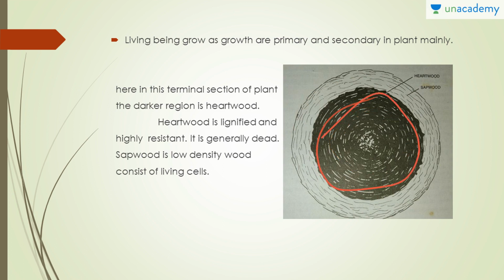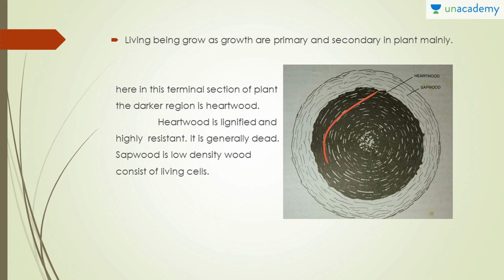So it doesn't play any role in conduction of food and water across the xylem and phloem, as the xylary and tracheid elements lie in the sapwood region, not the heartwood.